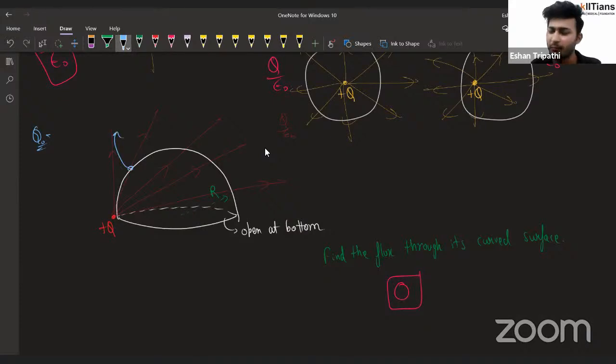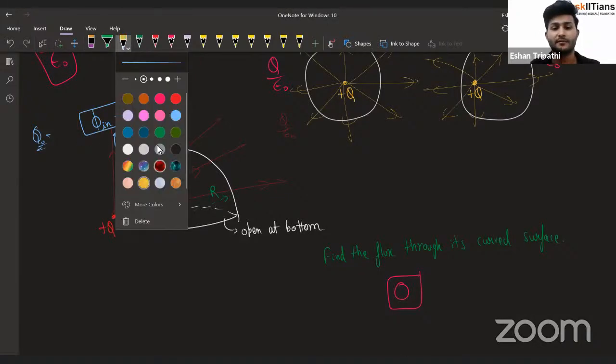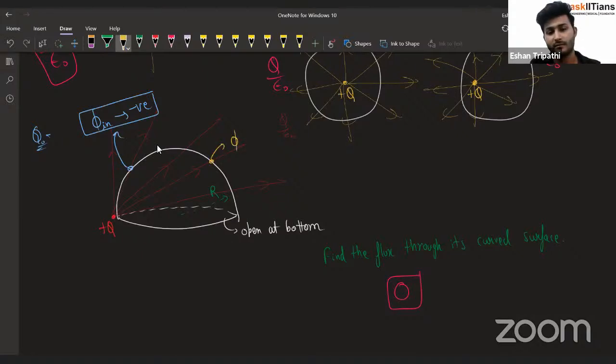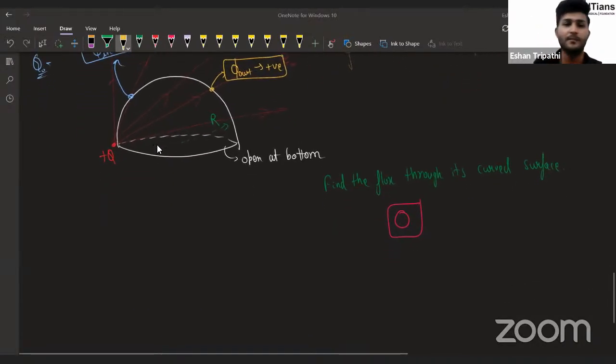Guys, is incoming flux positive or negative? Incoming flux in a closed surface. No, it's negative. Outgoing flux is positive. Here, whatever number of field lines enter from the left side, they go out of the other side, equally negative, equally positive, so the total comes out to be 0.